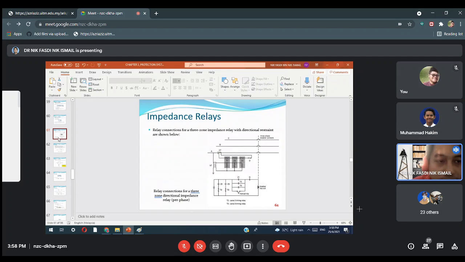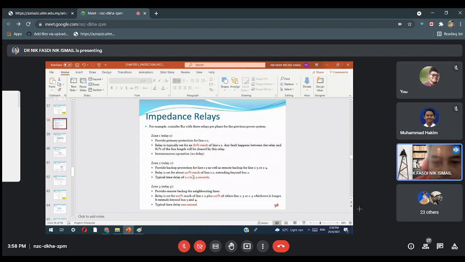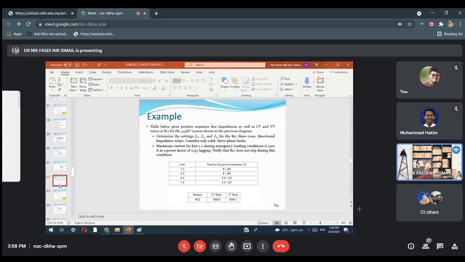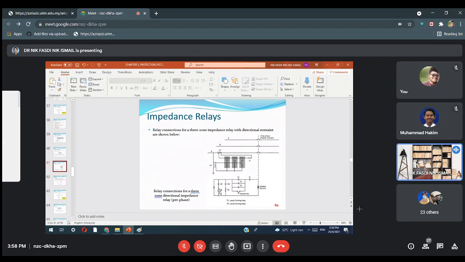Referring back to earlier, zone 2 is 0.2 to 0.3 second, zone 3 is 1 second. So back to this diagram, there is a time delay here, T2, T3. T2 represents zone 2, T3 represents zone 3. So if, for example, Z2 turns on but the time delay has not elapsed, it does not turn on either, because it is connected in series.